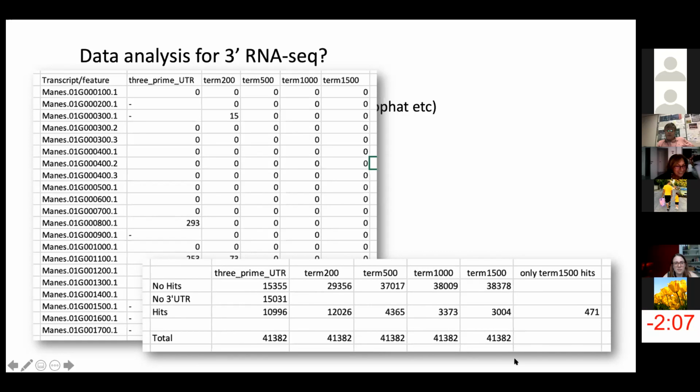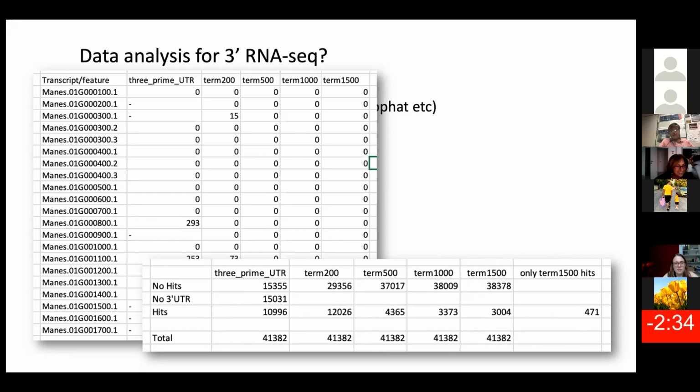So we see that we have quite a lot of 3' sequencing hits much further down than the UTR annotation would propose, which means that with such a sequencing we also have a possibility to adjust the gene annotation in cassava.